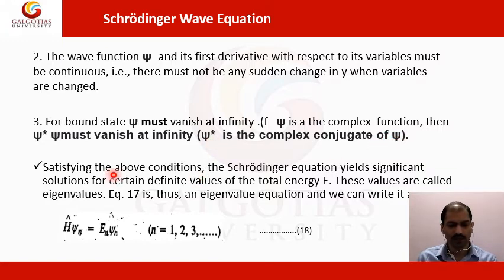Satisfying the above conditions, the Schrödinger equation yields significant solutions for certain definite values of the total energy. Once you calculate the total energy, these values are called eigenvalues. You have to keep in mind that these values are called eigenvalues.